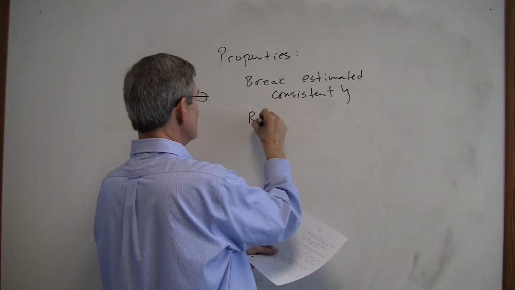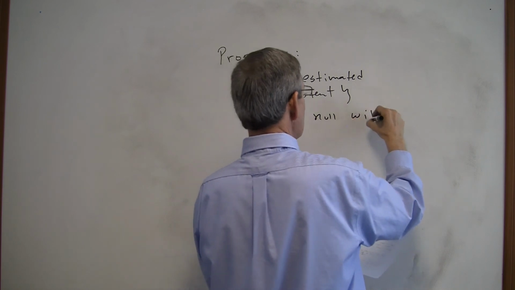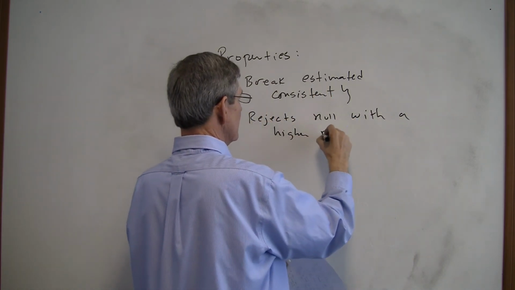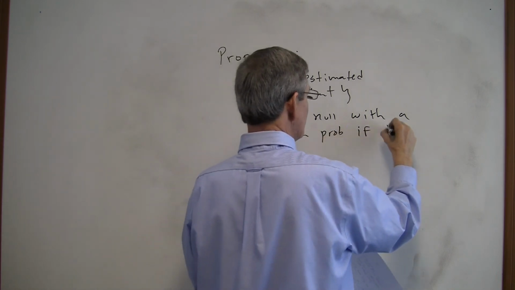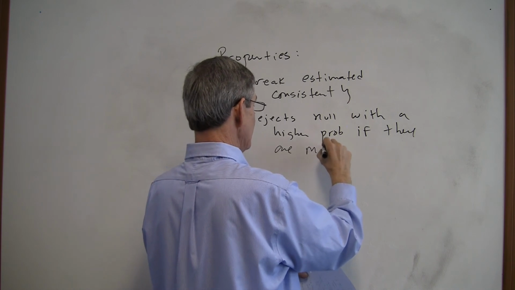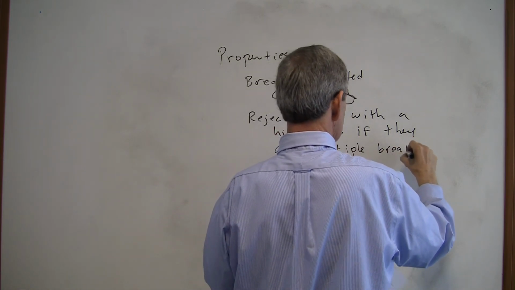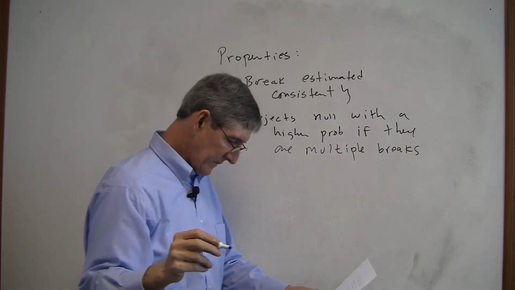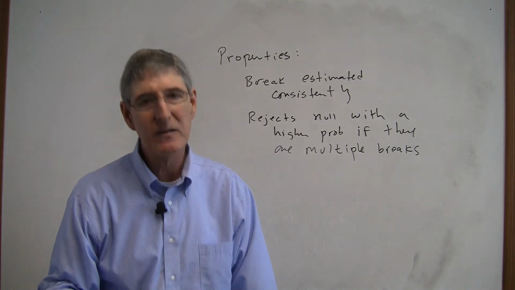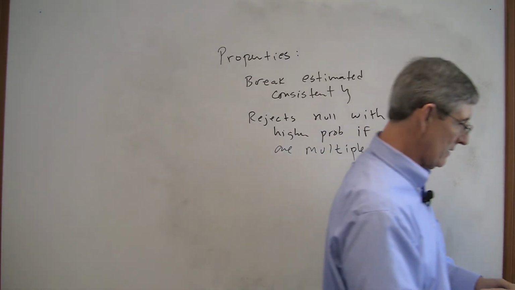It rejects the null with a higher probability if there are multiple breaks. And there may be. You only test for one, but that doesn't mean there isn't more. So rejection does not mean that you just have one break. It means you have at least one.